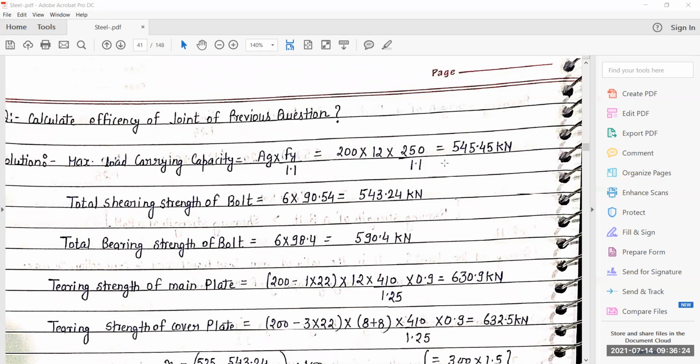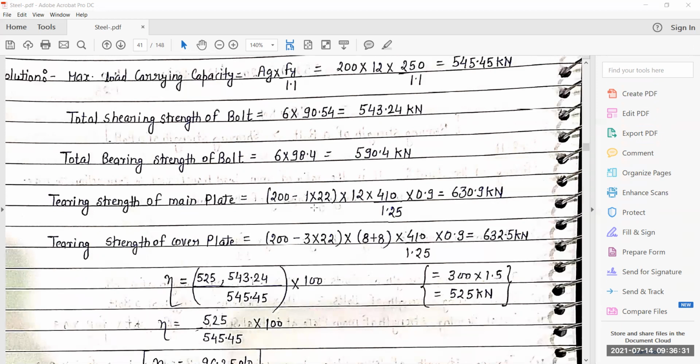And the carrying strength of the main plate at 200 minus what you already calculated, 2 into 12 into 410 upon 1.25 into 0.9, equal to 4630 kilonewton.